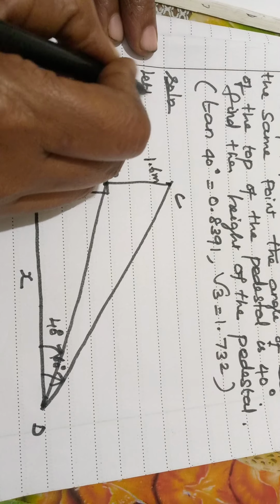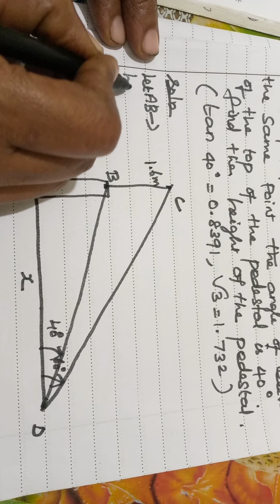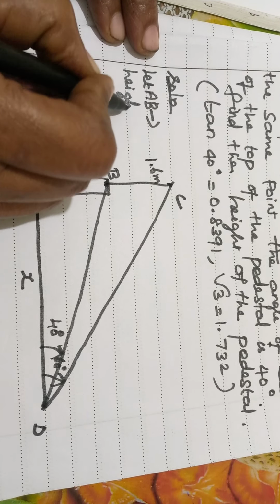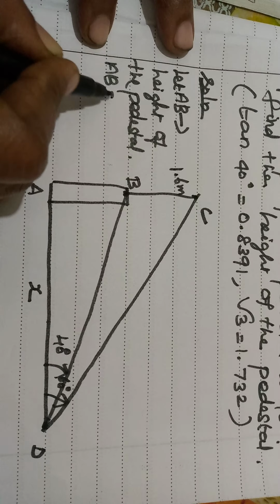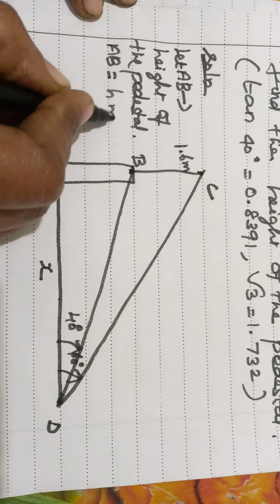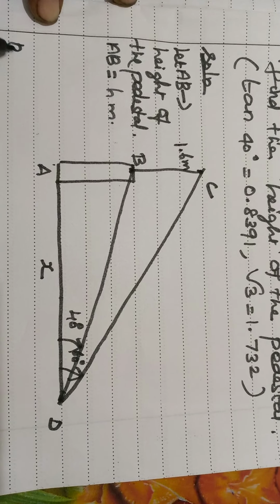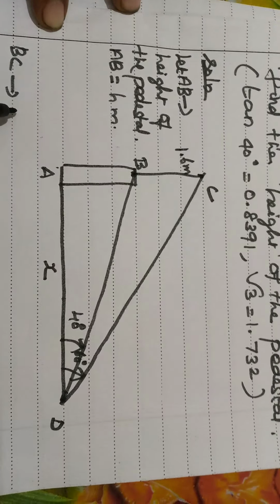Let AB be the height of the pedestal. That is AB equal to, this AB only we have to find out, height meter. Then BC, this one, statue.